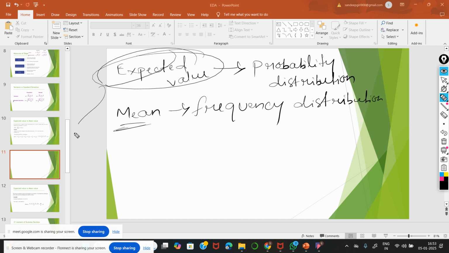See, for example, I'm giving the example of cricket only because this is quite familiar. Many people would be knowing Virat Kohli's score. X is nothing but the score. Can anyone tell me what X can also be known as?